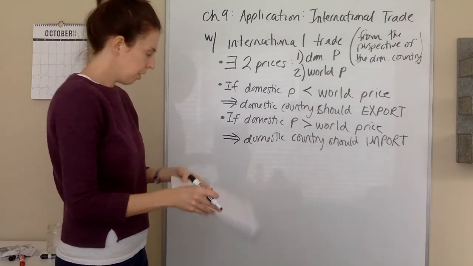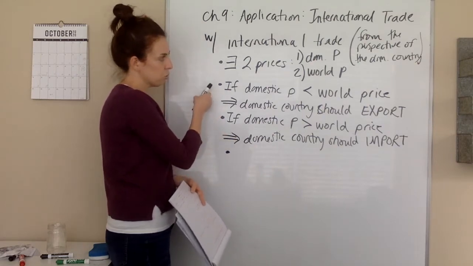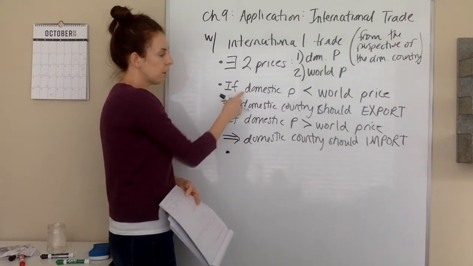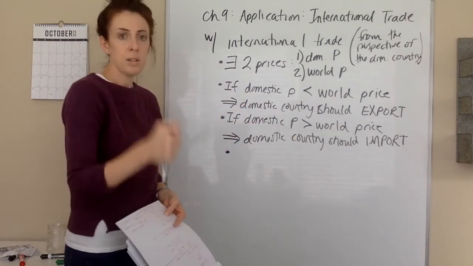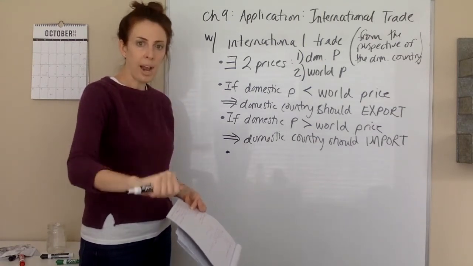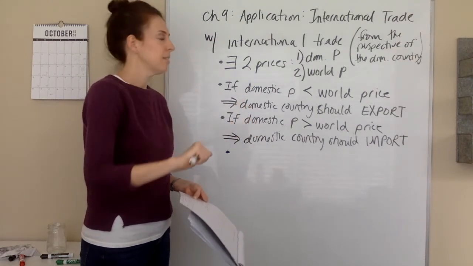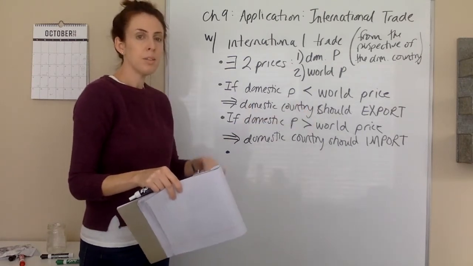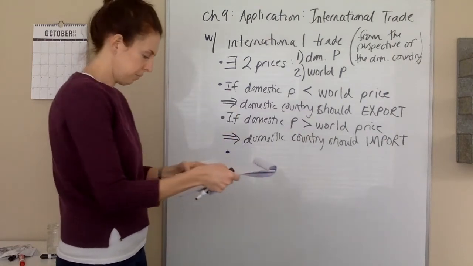So we should capitalize on that and bring it in from the rest of the world that's relatively more efficient at producing it. Okay, if the domestic country follows these rules, and decides to export when its own price is relatively low and import when its own price is relatively high, then what's going to happen in the domestic market is that it's just going to assume the price that exists in the world market. The price on the world market is just going to become the price in the domestic market as well.